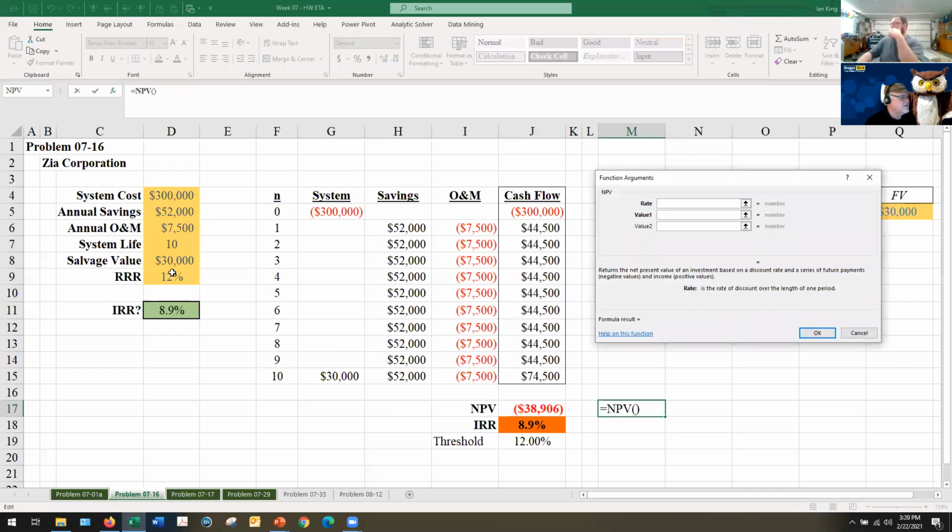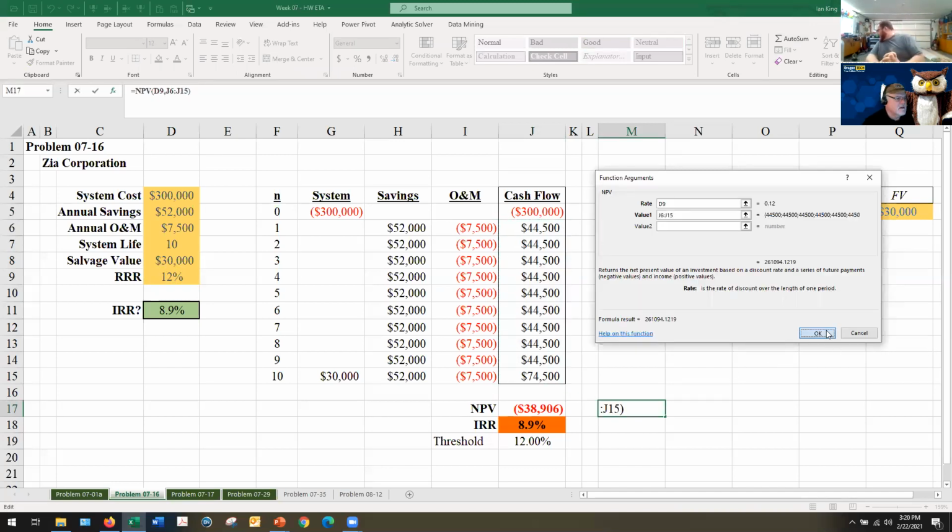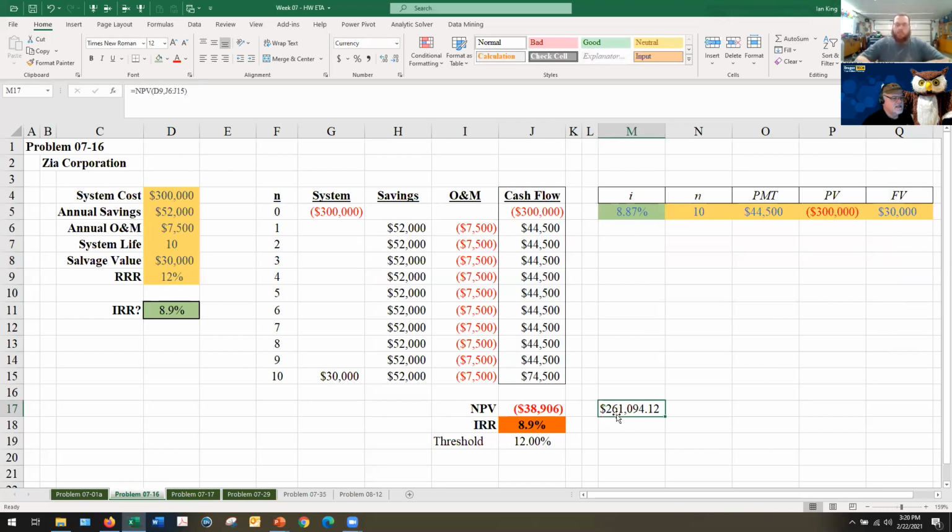The rate is 12% and the values are here. Oops, didn't switch my column. Come on, rate is that, and the values are that. So that's 261,000.